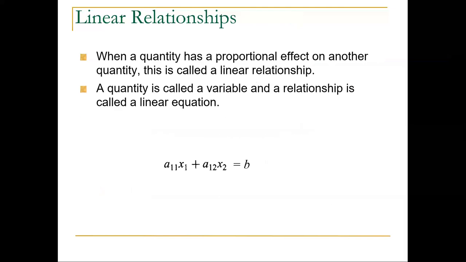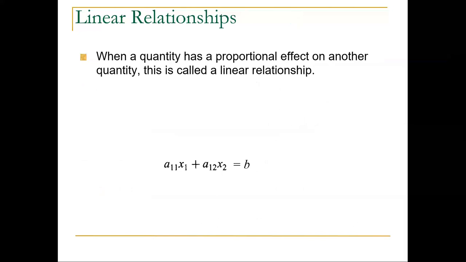Alright, so here we have a problem. It's a normal problem. What you have there is A11 times x1 plus A12 times x2 equals b. Now that's a very mathematical statement. It's a little abstract. But what it's really saying is that you have two variables. In engineering, we'd rather say quantities or properties or physical systems. These two physical systems, x1 and x2, are related by this expression.